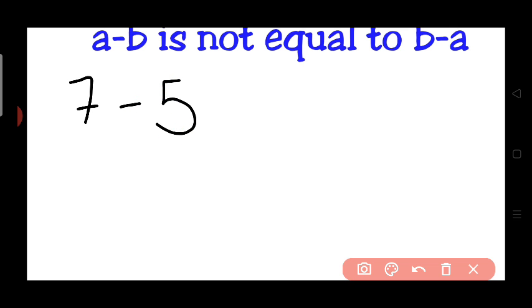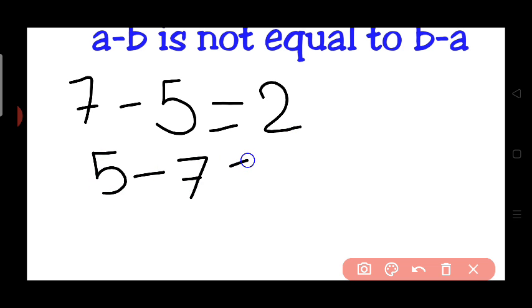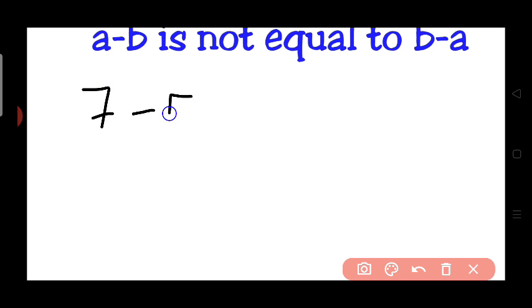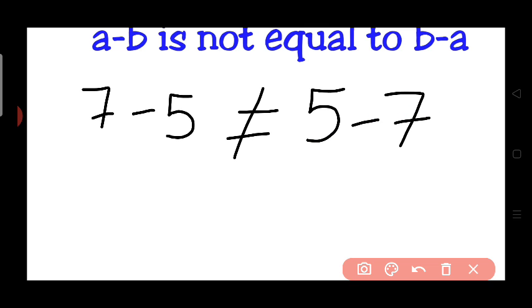So the result is 2. This is a whole number. But if we do 5 minus 7, the result is not a whole number. That means if we change the order, 7 minus 5 is not equal to 5 minus 7.